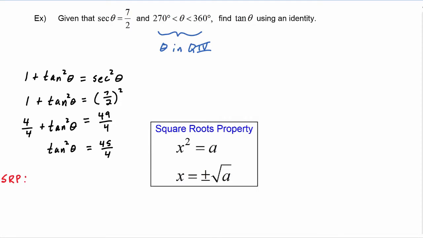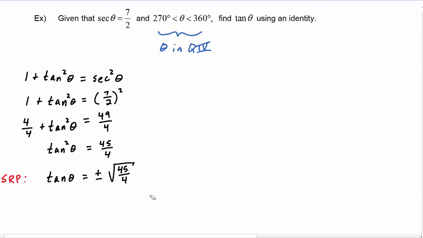which says then that tangent of theta is going to be plus or minus the square root of 45 over 4. Now let's start simplifying this. We can determine the positive or negative sign of this value based on the quadrant that theta lives in.